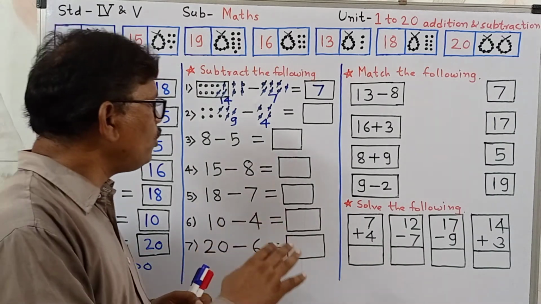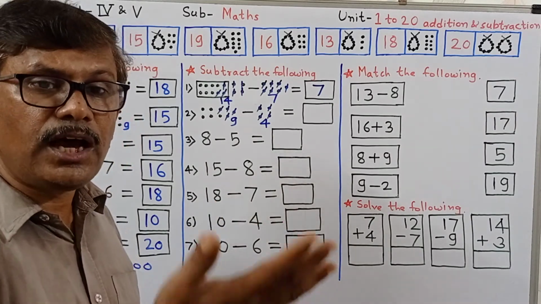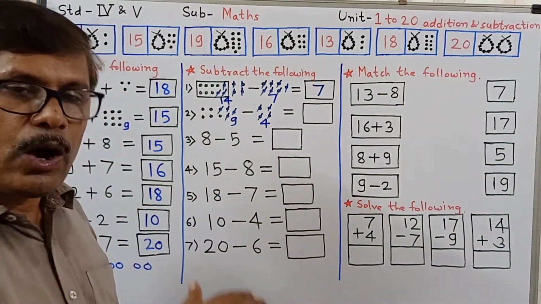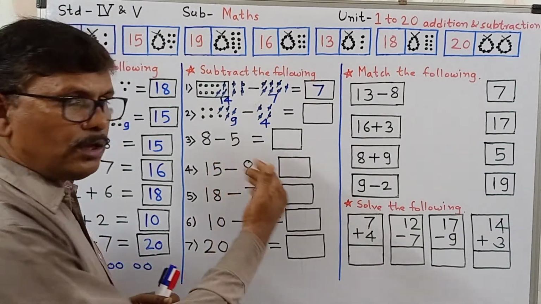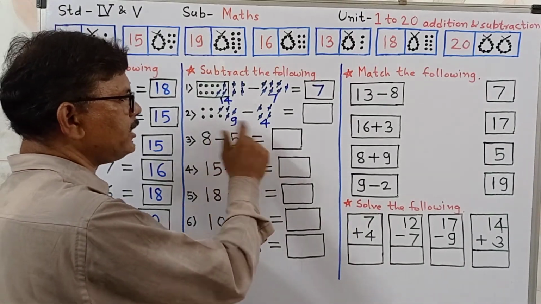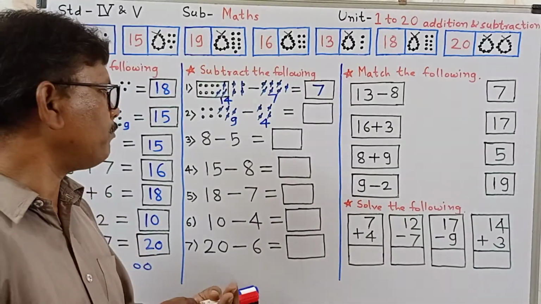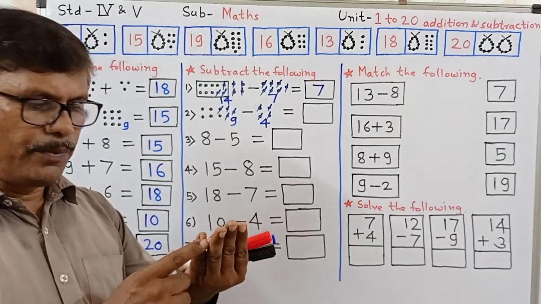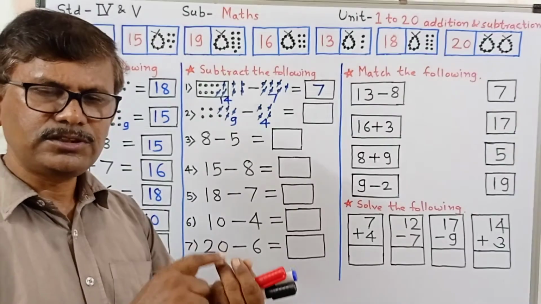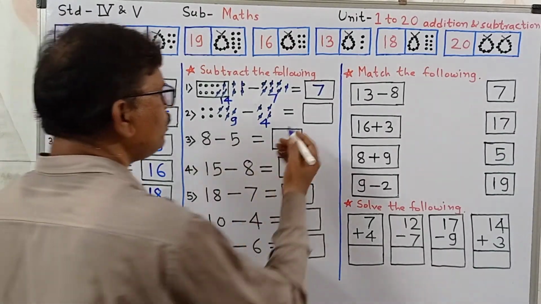So now we will take the next method, to count down. Counting before numbers. Here is 9 minus 4. So take 4 fingers and count down from 9. Before numbers: 8, 7, 6, 5. Okay? 9 minus 4 is equal to 5.